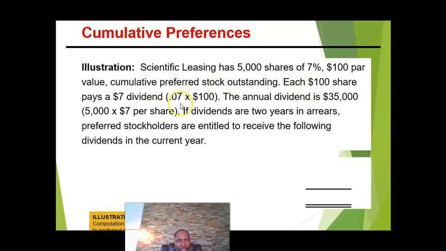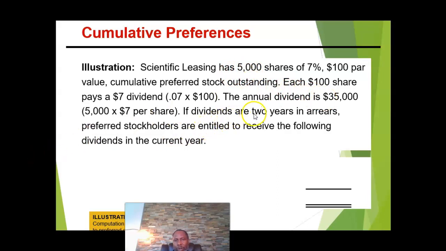Each $100 share pays a dividend of $7 because you take 7% of the par value, and there are 5,000 shares, so $7 a share times 5,000 shares, we owe the preferred stockholders $35,000 each year.